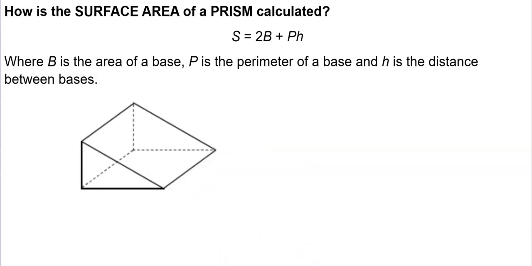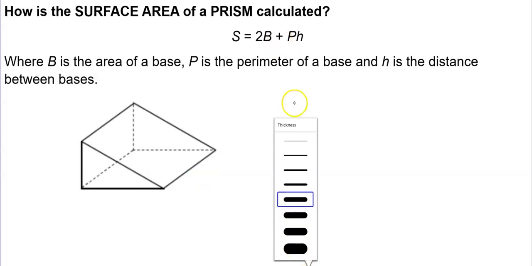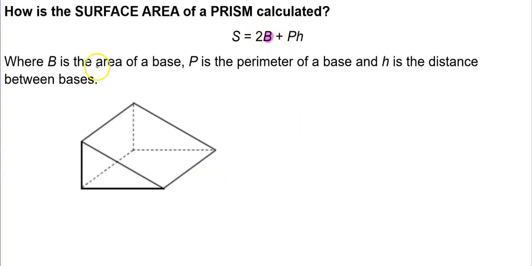Big B right here is the area of the base. So you're going to find the area of one base.